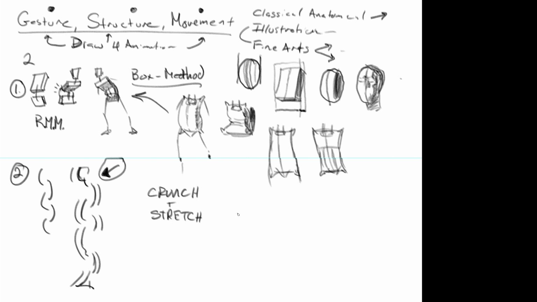So the basic concept of crunch and stretch, in really basic 2D animation, the first thing you teach is anticipation of movement and how to make a ball bounce, right? When the ball is coming down to the ground, it's looking like this, and it's getting more and more oblong until it hits the ground. And when it hits the ground, suddenly it becomes oblong in the other way, and then even more oblong until it starts to rebound, right?